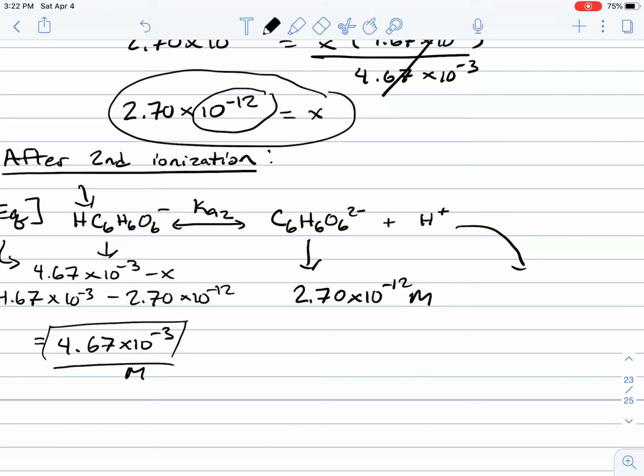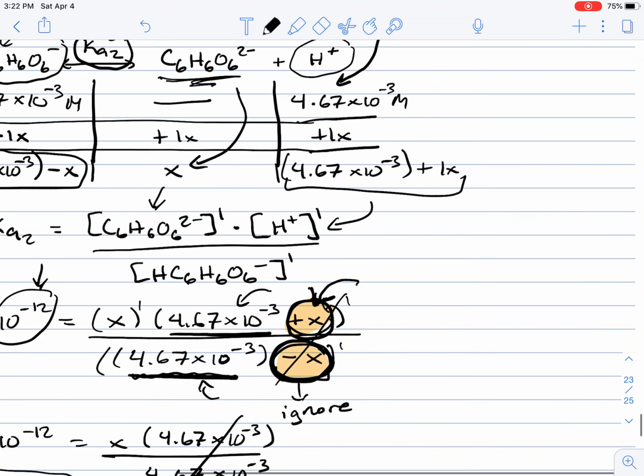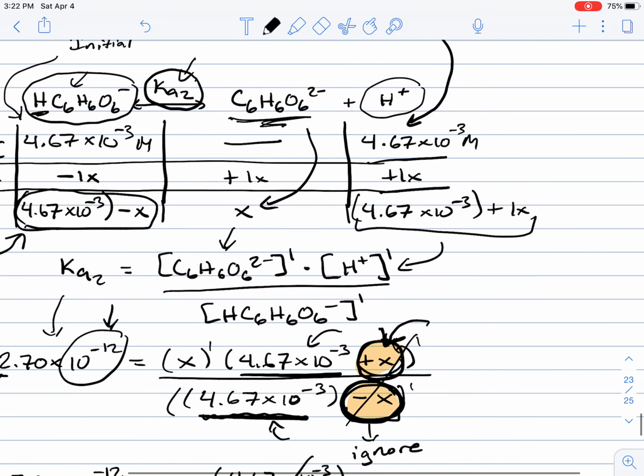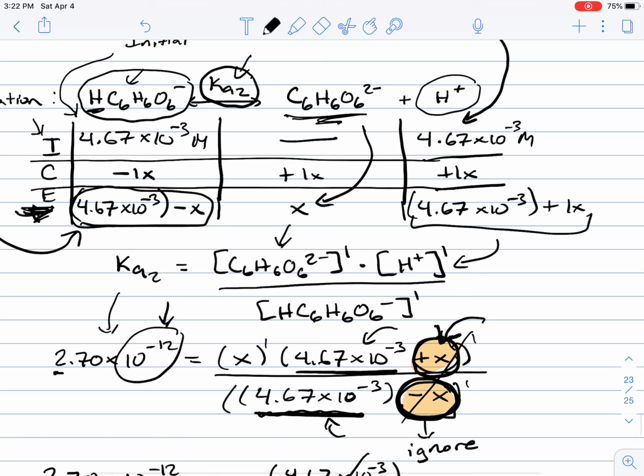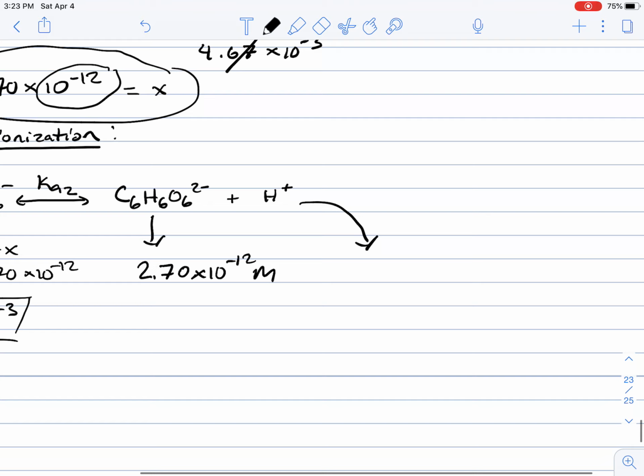And if you look at the mathematical expression that defines the equilibrium concentration of H+, it's going to be 4.67 times 10 to the negative 3 plus x.